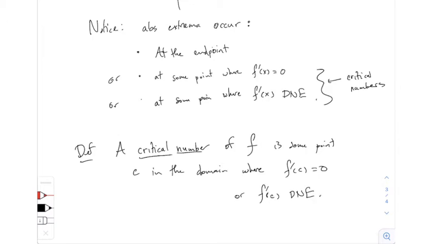All right. If either of those things is true, it's called a critical number. And the reason we care is that the critical numbers are where the absolute extrema might be, right? Such a point is not always the absolute maximum or the minimum because it might be on the end, all right? But these are possible locations for the absolute extrema.